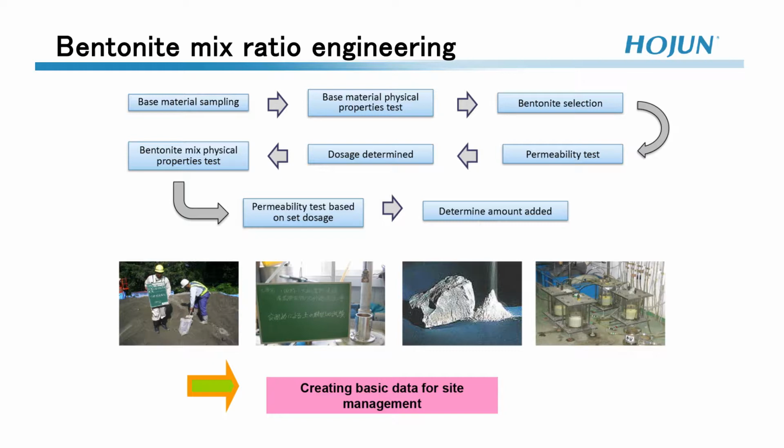In order to determine the bentonite mix ratio, first, the base material is sampled and the physical properties are investigated to see if it is suitable as the base material for the bentonite mix. If it is found to be suitable as the base material, the selected bentonite is used to prepare bentonite mix with varying amounts to perform a permeability test.